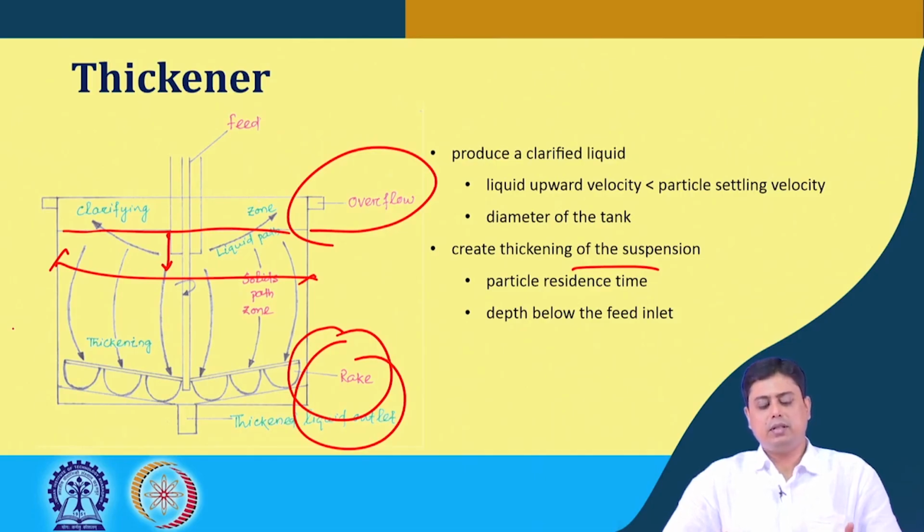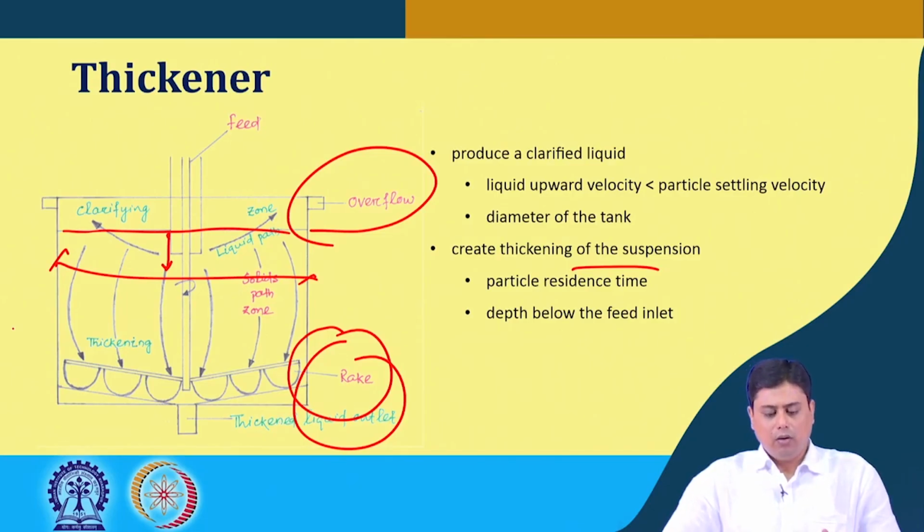The design parameter of this diameter has to be such that the liquid upward velocity is lesser than the particle settling velocity for the corresponding feed rate that we are introducing. So the diameter of the tank is of considerable importance in this case.